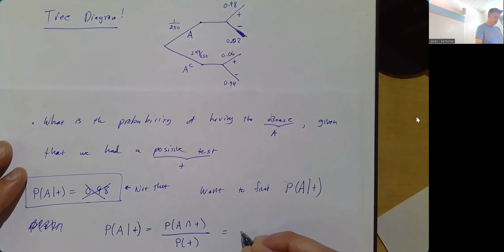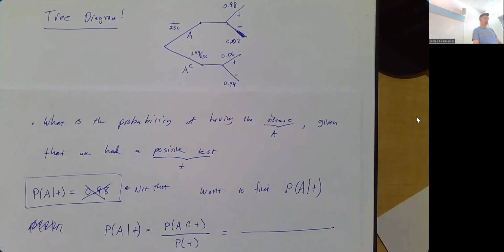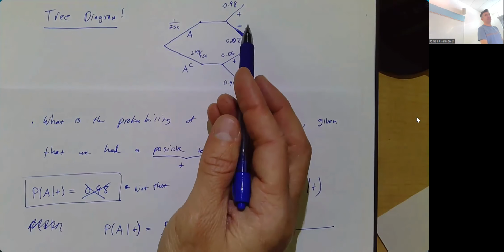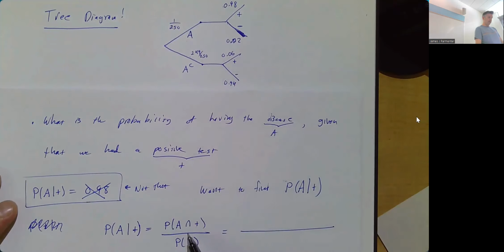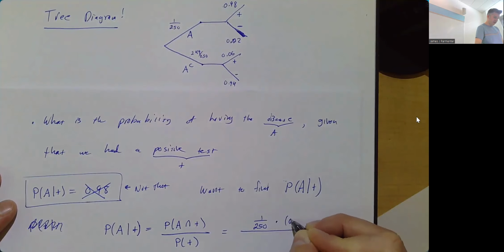So let me ask you all, how many paths are there that get me both having the disease and a positive test? One path. And it's the path that starts with having the disease and then moves to having a positive test. So the way of having a disease and a positive test is going to be 1 out of 250 times 0.98.